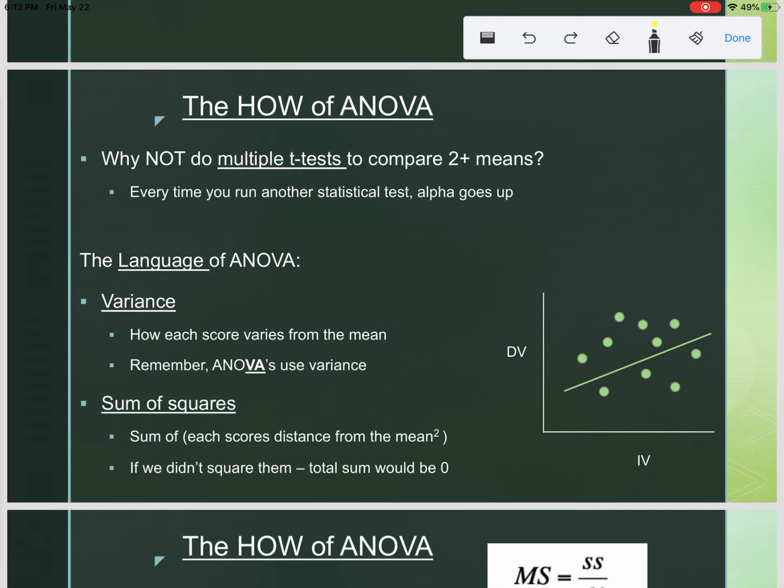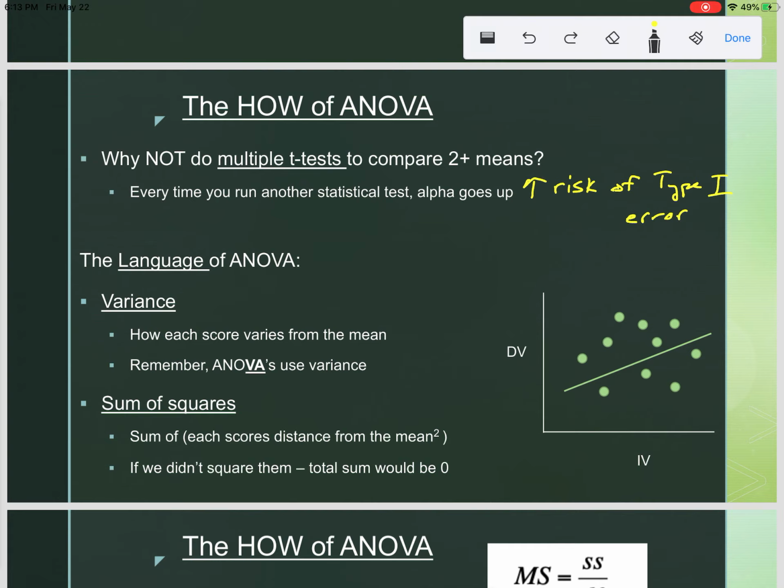The problem, however, is that every time you add another statistical test, the alpha level goes up. And this is going to increase our risk of type 1 error. Type 1 error is when you reject the null when you shouldn't have.